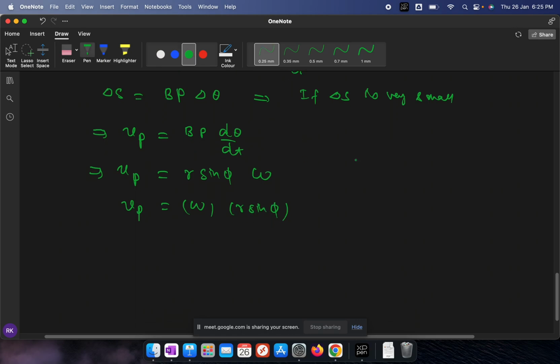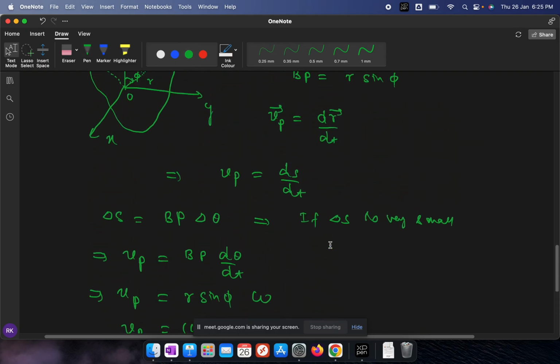Now this is nothing but the scalar form of the cross product. If you write it in vector form, Vp equal to omega cross r. And what is phi?